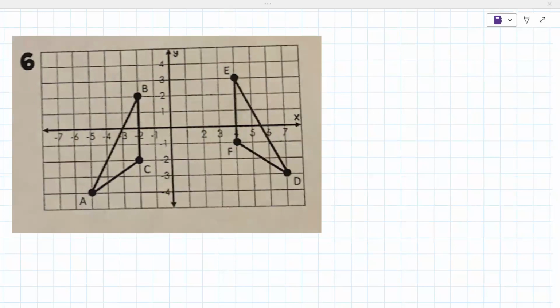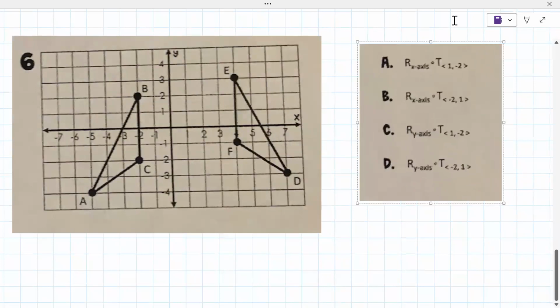I do think it's giving us confirmation about the order, that you do have to do this one on the right first. I think it is D.